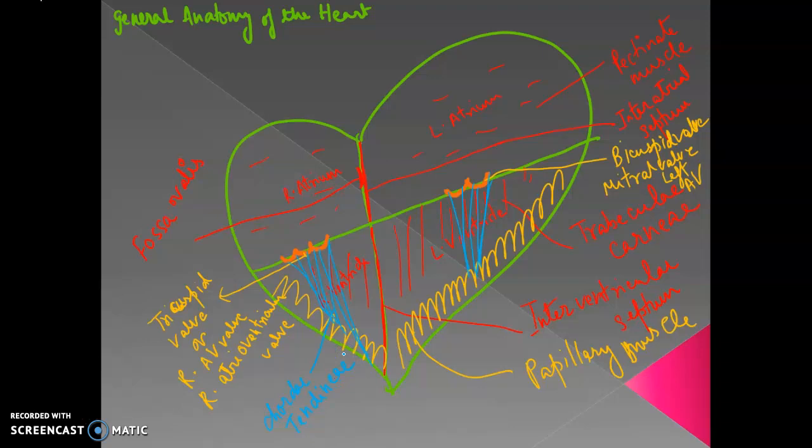These string-like structures help the bi and the tricuspid valves to be connected to the papillary muscles, and this is really important. These cords maintain proper tension on the valves and prevent the valves from prolapsing. Okay? All right, so that's a function of the chordae tendineae.